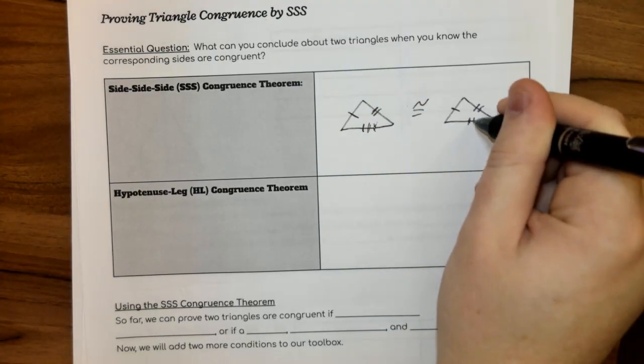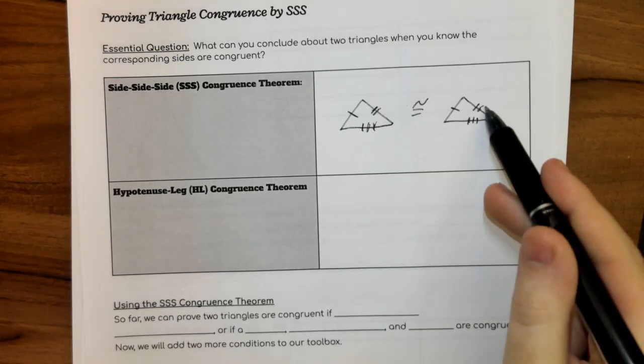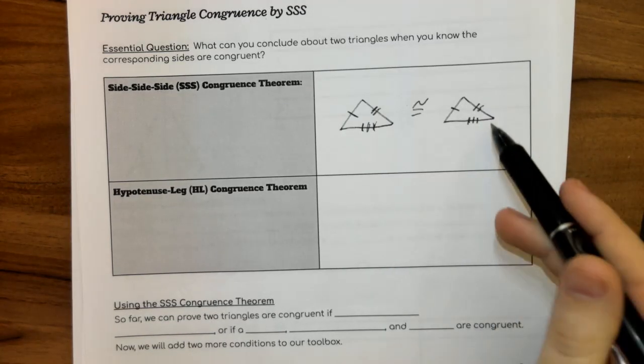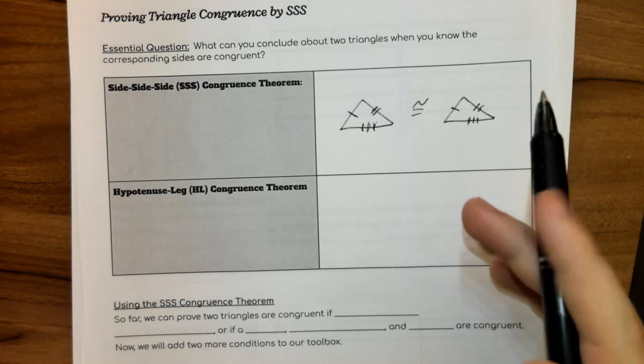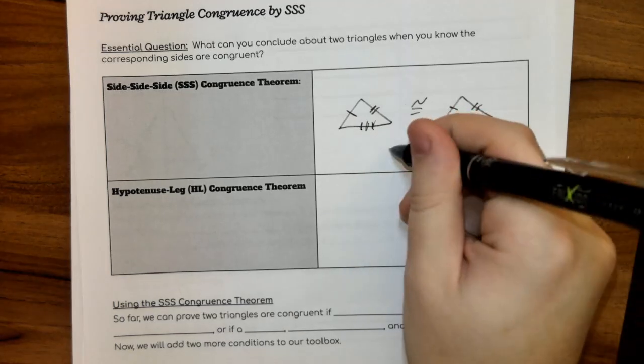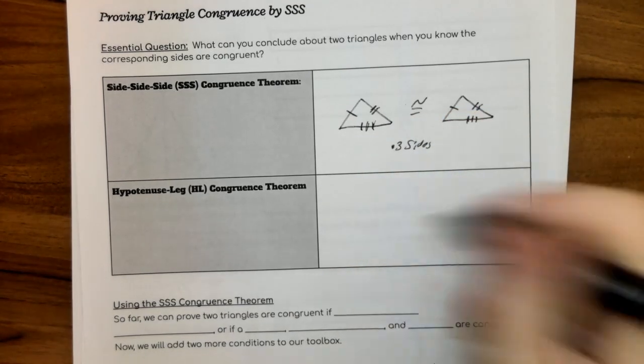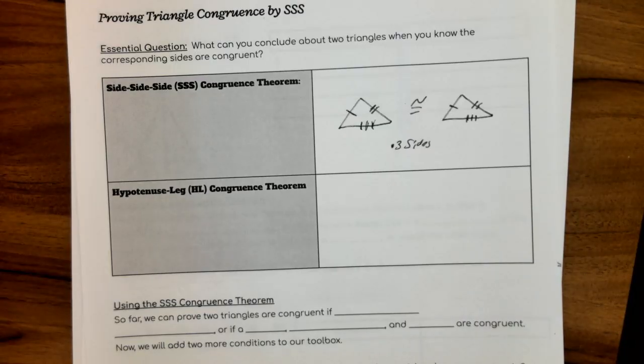If their sides are the same length, that means their angles are positioned between the sides. If one side suddenly got longer or shorter, the angle would get smaller or larger. So when all the sides are the same, all the angles are also the same. In other words, if you can show that 3 sides are congruent, then the triangles are congruent.